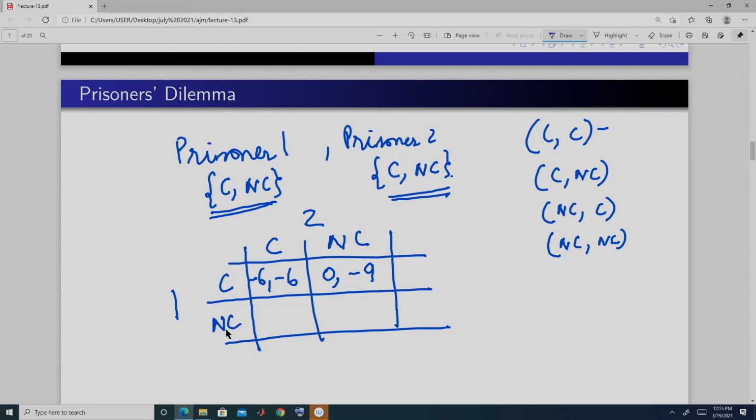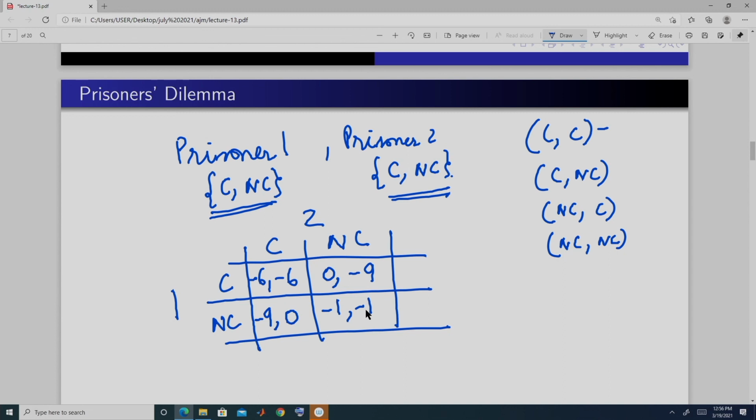So, if player 1 does not confess, but player 2 confesses, then player 1 gets 9 years of jail and player 2 is not given any punishment. If both of them do not confess, since the police know that they have committed a crime but are not very sure, they will get some amount of punishment, and that is 1 year of jail.